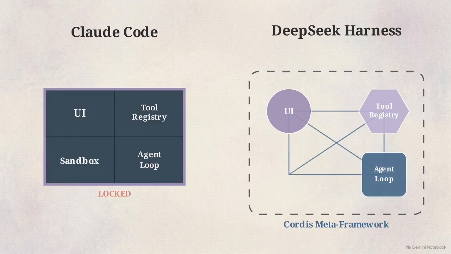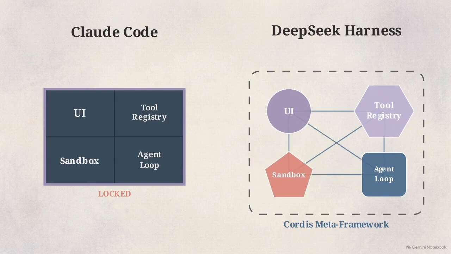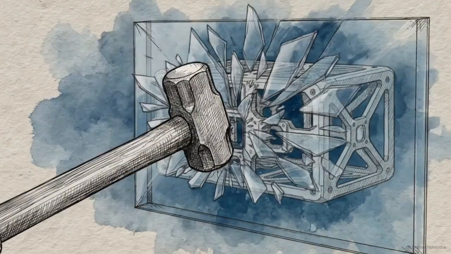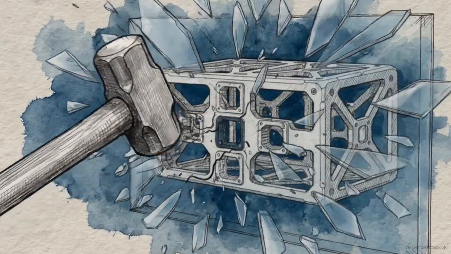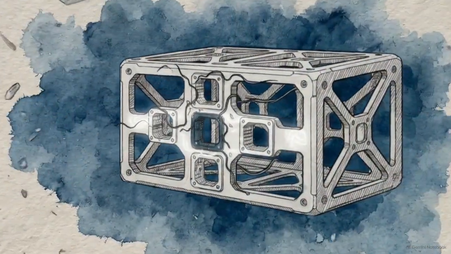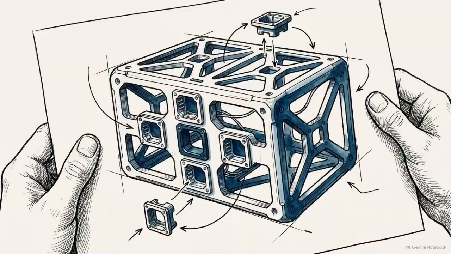You can hot swap any layer of the runtime purely through configuration without ever touching the actual source code. That means the user interface, the tool registry, the testing sandboxes, and even the core agent loop itself are all treated as replaceable parts. By tearing down the walls of the ecosystem, DeepSeek takes the power of infrastructure ownership away from the platform vendor and hands it directly to you, the local developer.